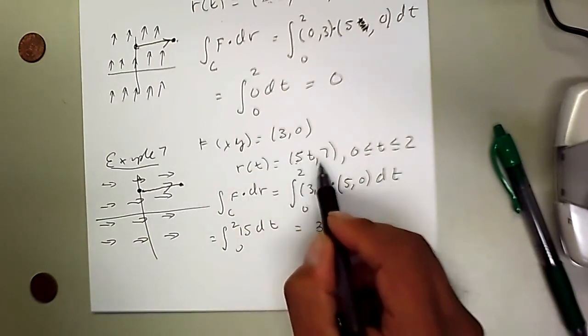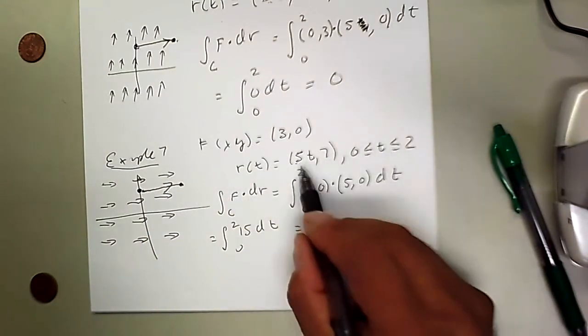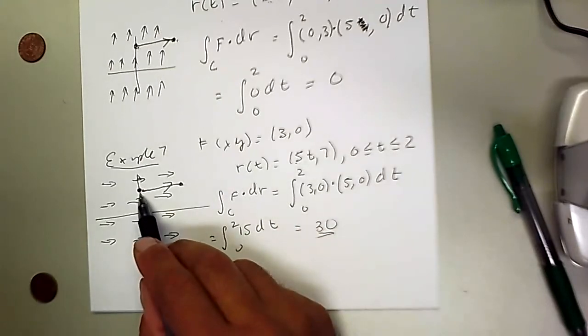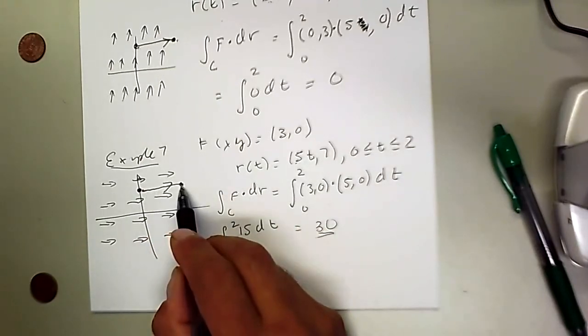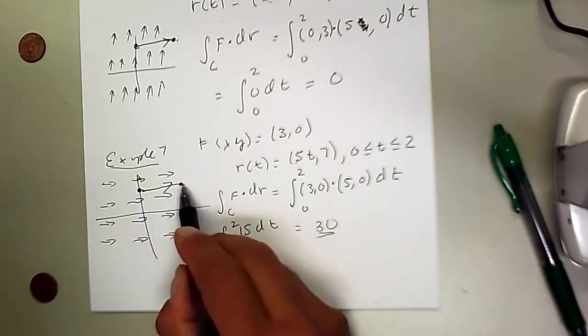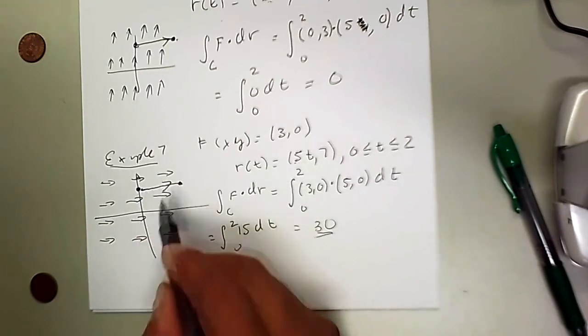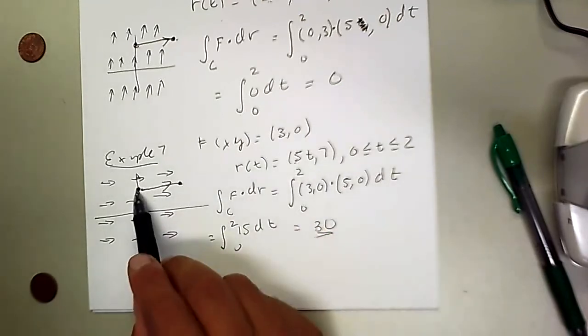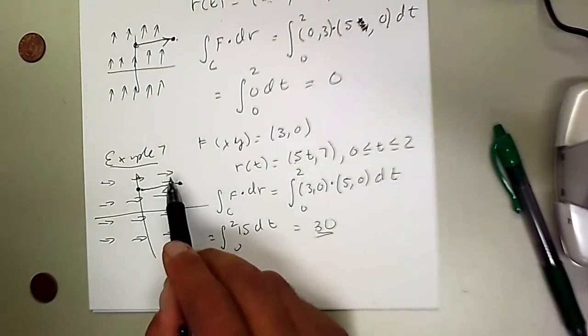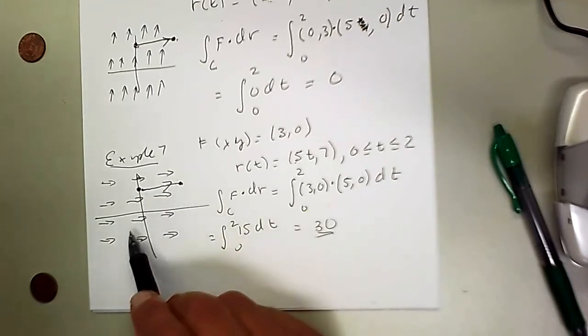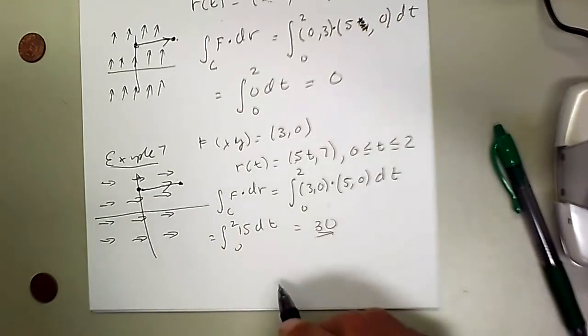So this path, assume t is time, goes from (0, 7) to (10, 7). So pretend we have meters, 10 meters in 2 seconds. That is very, very fast. What if we take exactly the same path at a lower rate? Exactly the same path. Is this number going to be different, or is it going to be the same?